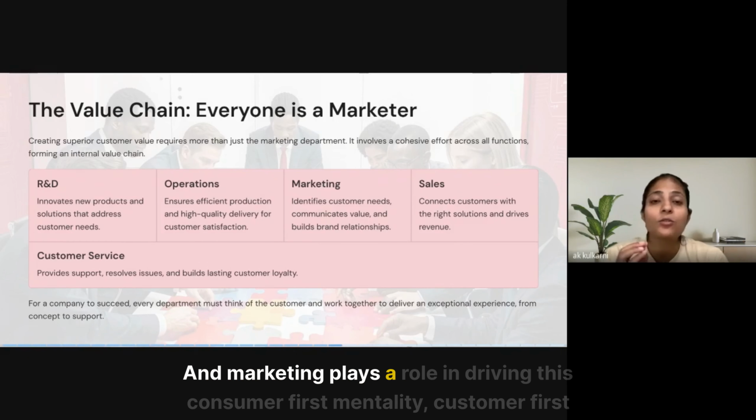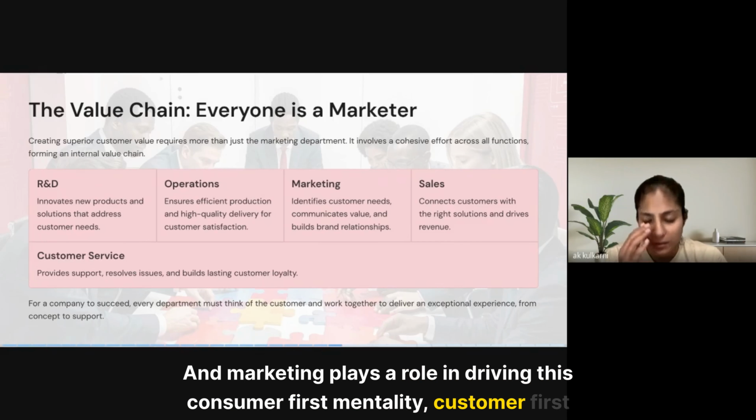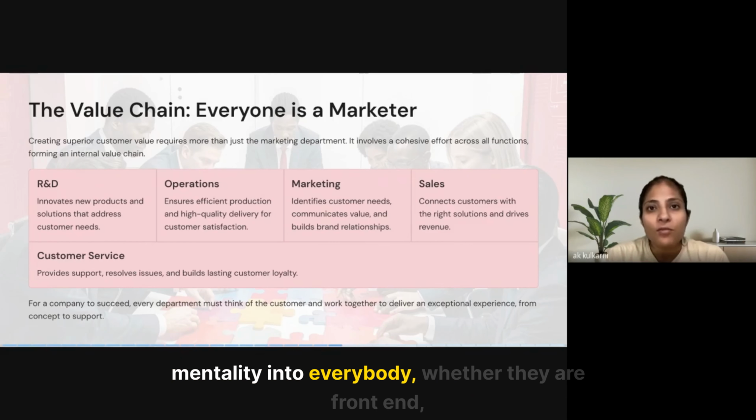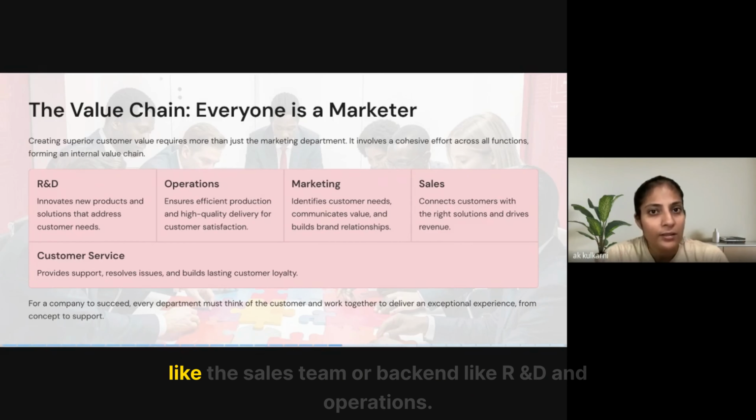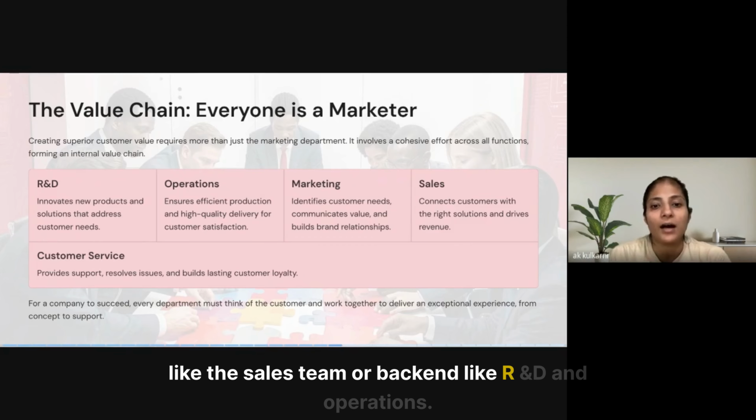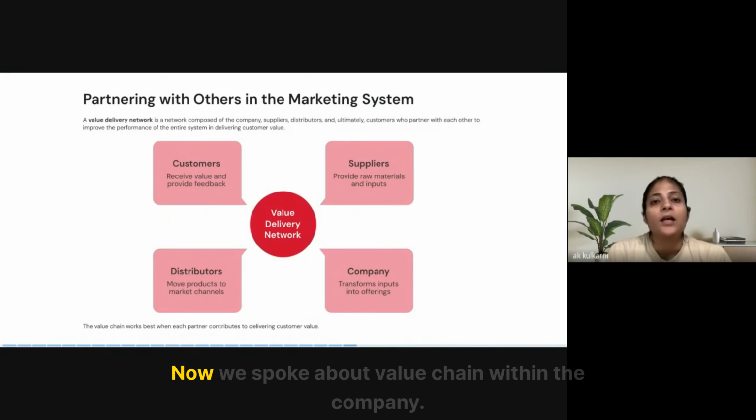And marketing plays a role in driving this customer first mentality into everybody, whether they are front end like the sales team or back end like R&D and operations. Correct.